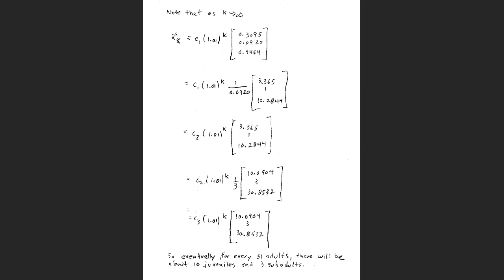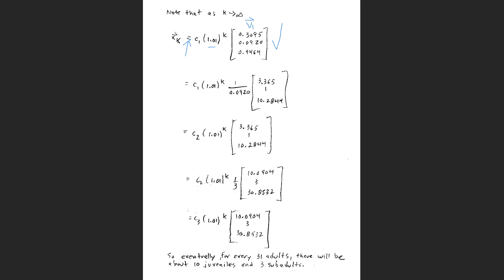So as k goes to infinity, we learned that x sub k, the vector of juvenile, subadult, and adult populations of owls in the kth month, approximately equals C1 times 1.01 to the kth power times the eigenvector V1, which MATLAB gives you.